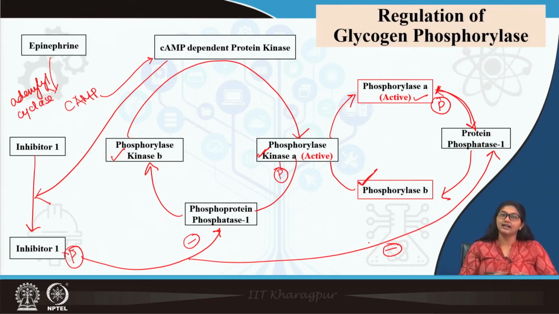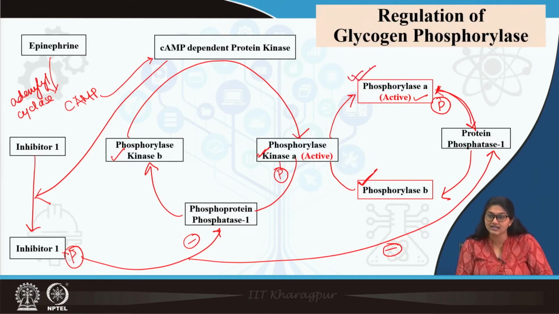So, cyclic AMP dependent protein kinase not only activates phosphorylase kinase, which helps to form the active form of phosphorylase, it also helps to inhibit the degradation of the active forms with the help of inhibitor 1.